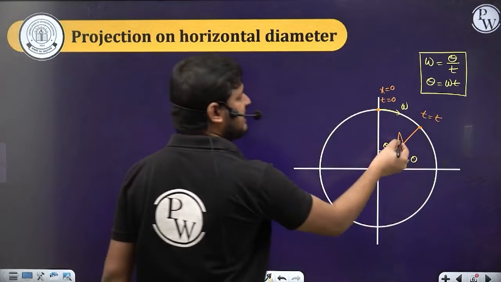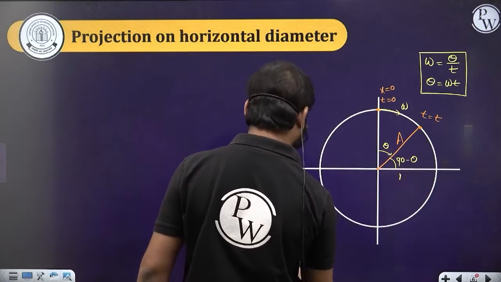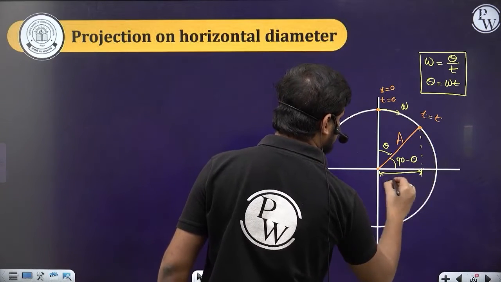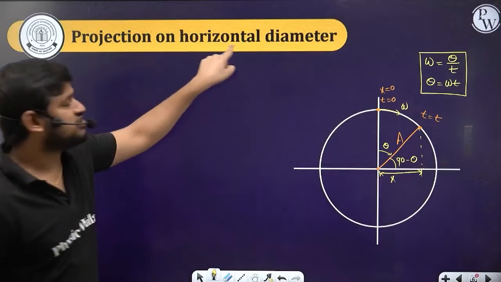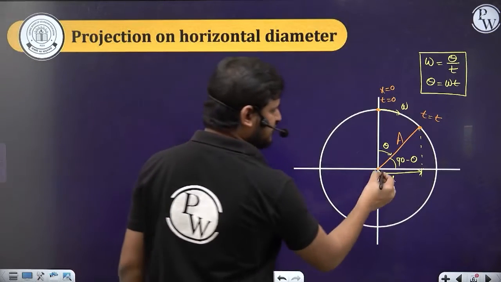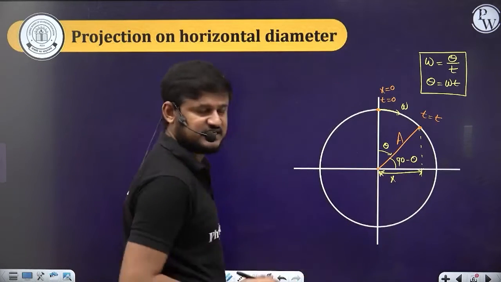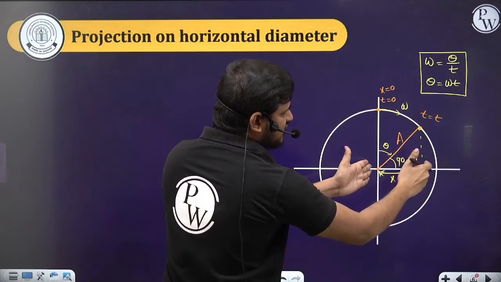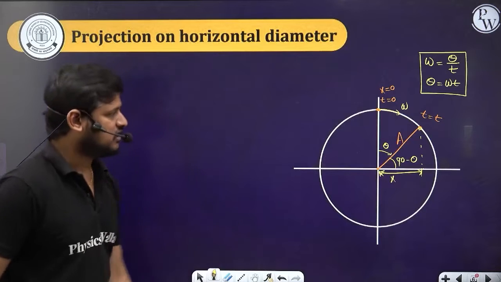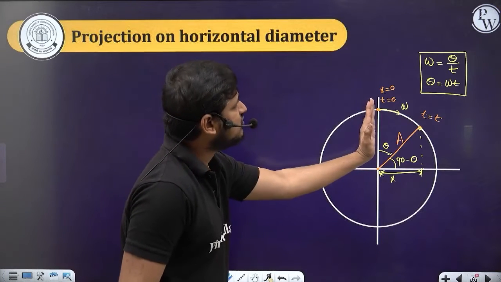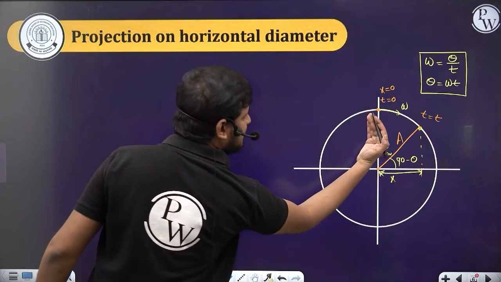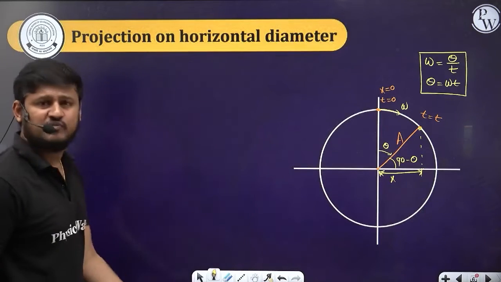Now its projection on the x-axis, let it be some x, because we are doing the projection on the horizontal diameter. This distance is x, let's say the particle has reached here, and its projection on the horizontal diameter is the distance x. If this angle is theta, this side will be A cos theta, and this side will be A sin theta, obviously.